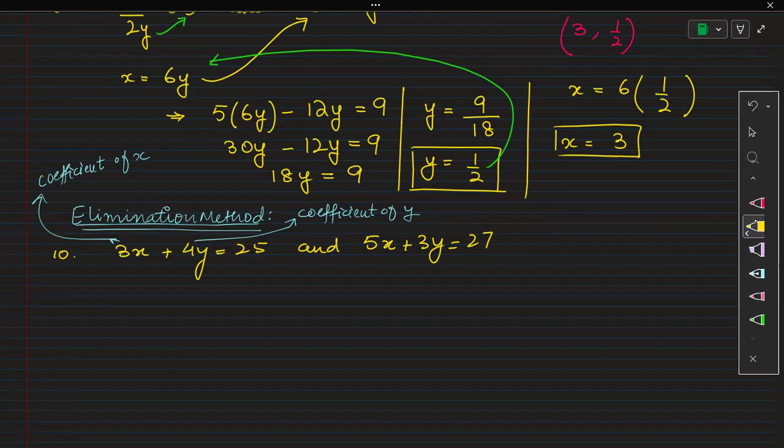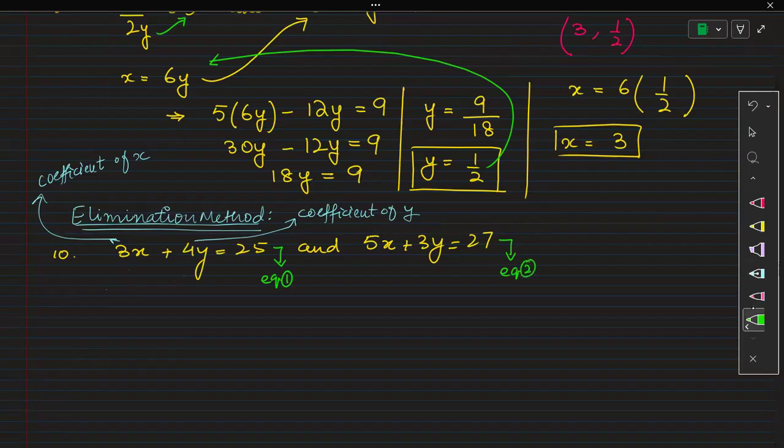How will it be possible? I'll multiply. Let me call this equation number one, and let me call this equation number two.